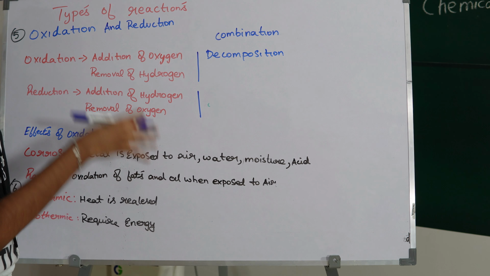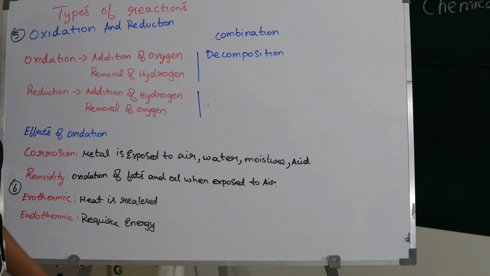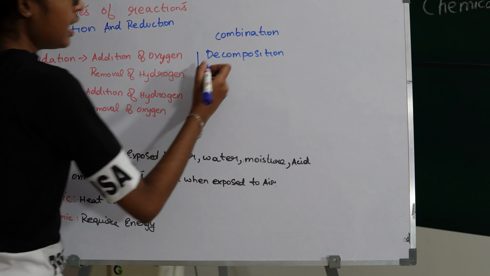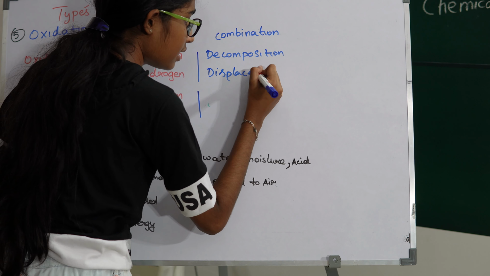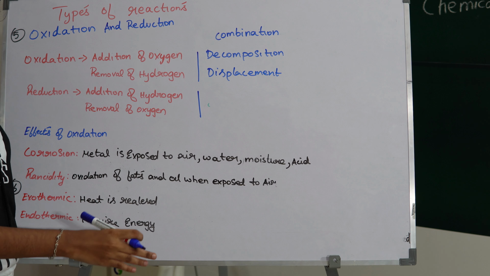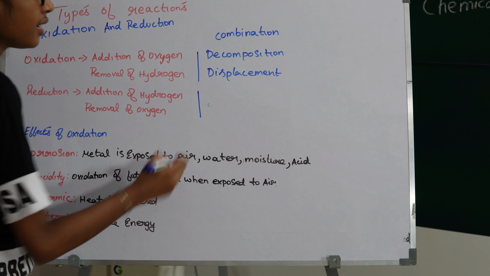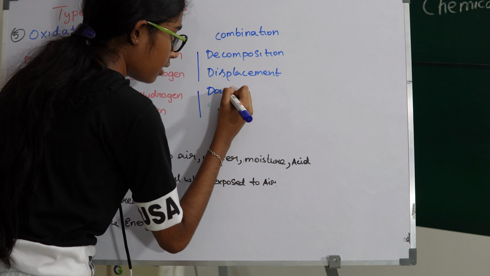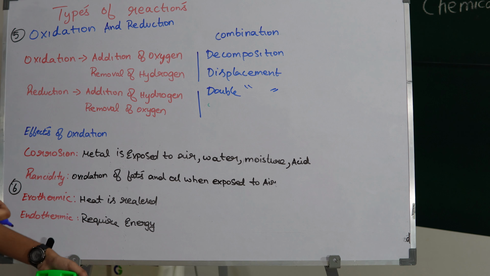Decomposition is a single reactant forming two or more products, which is called decomposition. Next is displacement. Displacement is when the highly reactive element displaces the less reactive metal, which is called displacement. Next is double displacement. Double displacement is the mutual sharing of elements.